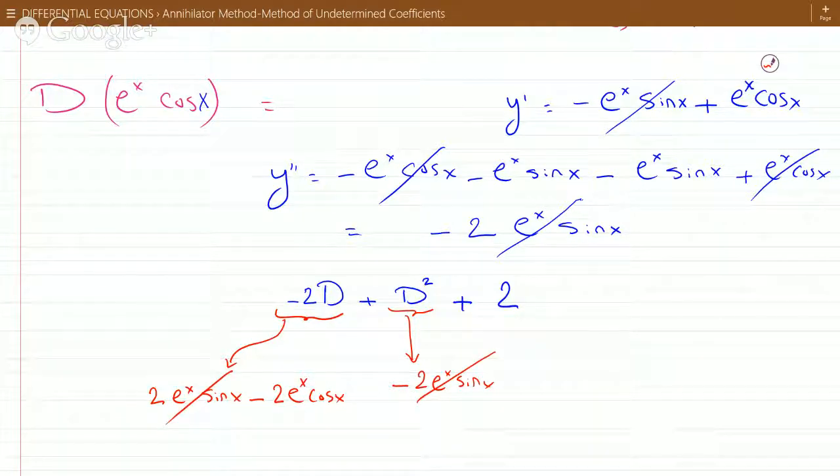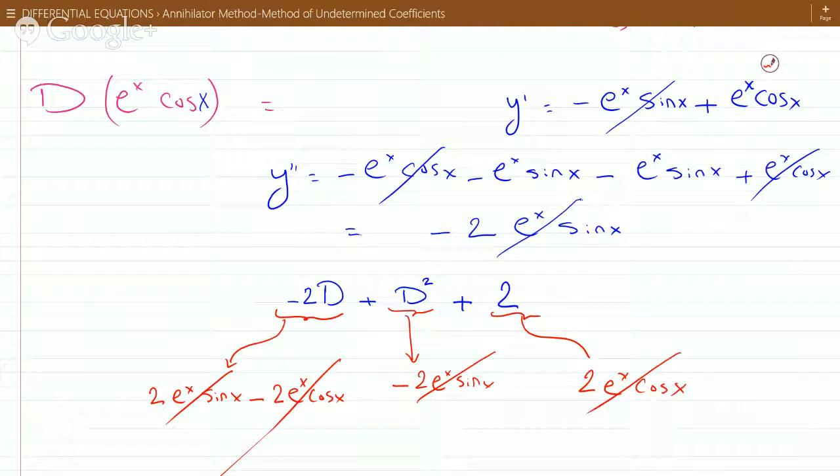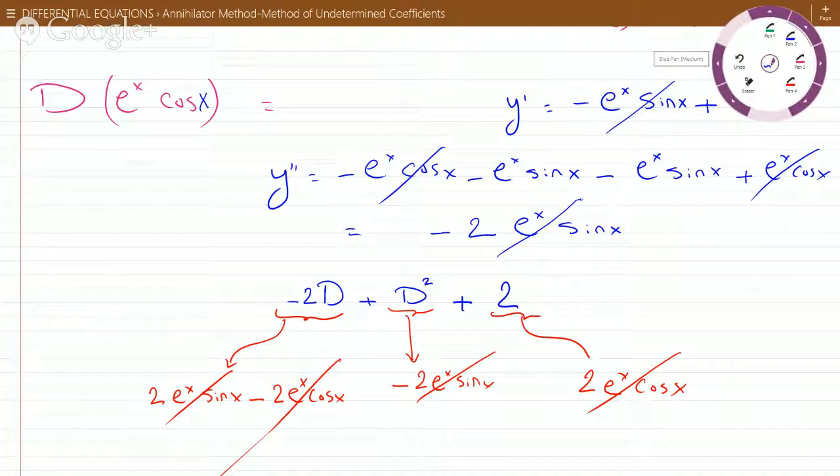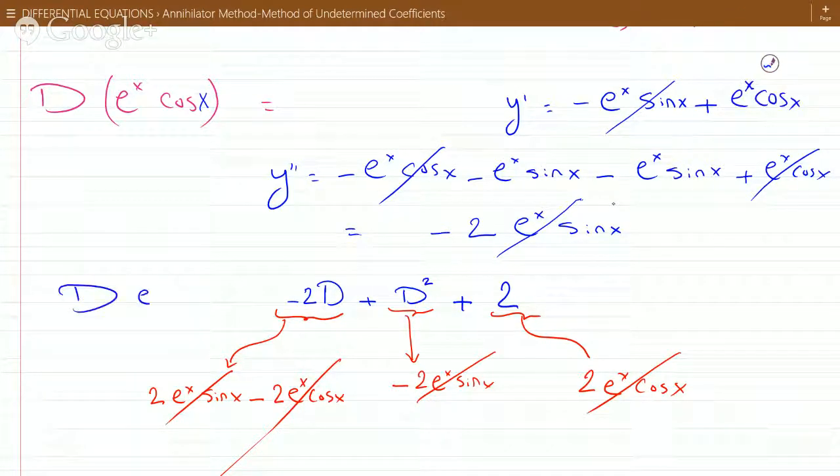So this and this go away, and this 2 multiplies your original by 2, so you get 2 e to the x cosine x, and this takes care of that. And you get 0. So that means the annihilator for e to the x cosine x is this guy right here.